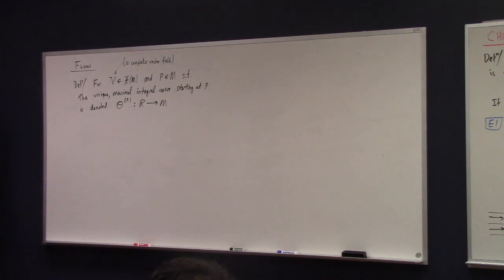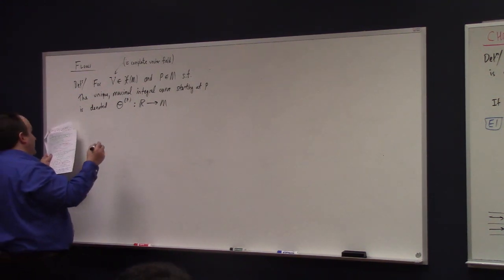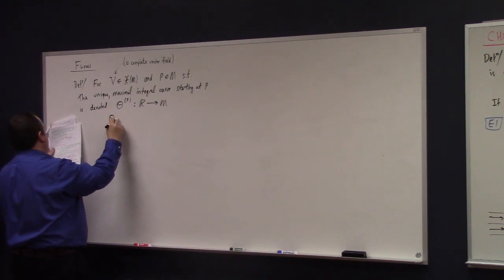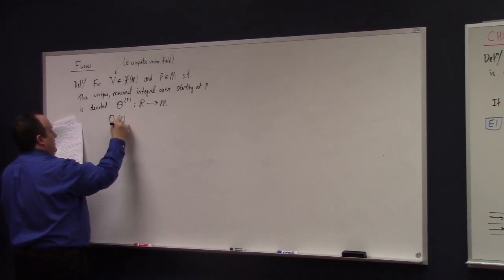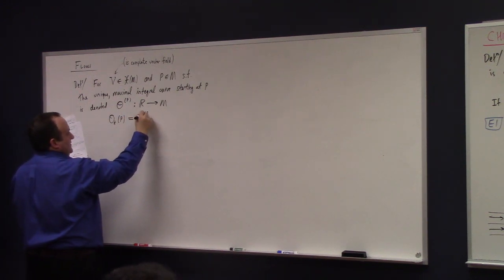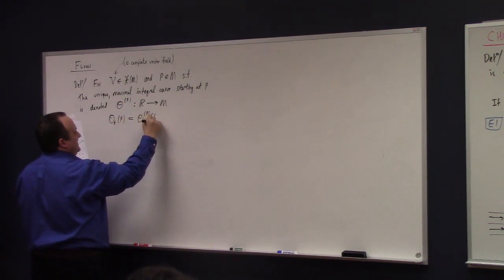At the end of it all, everything I'm defining for the complete vector field can also be defined for the more nuanced vector field, which has an annoying smaller domain. The integral curves have a smaller domain. All right. And furthermore, theta sub t, so don't worry, why have one notation when you can have three? Theta sub t of p is theta up parentheses upper p of t.